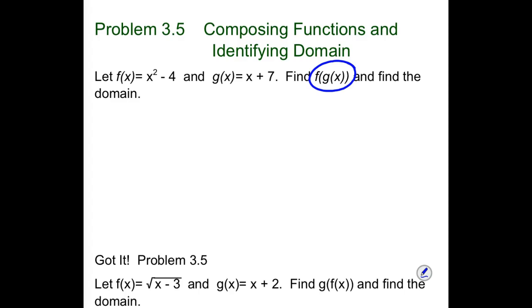So which function are we going to start writing? We're going to start writing f, right? The very first thing you see is an f. We're going to start writing function f. Wherever there is an x, we are going to leave a hole. Okay? So function f says we're taking something, we're squaring it, and subtracting 4. So something is getting squared, and then we're going to subtract 4. What is it that we want to square?